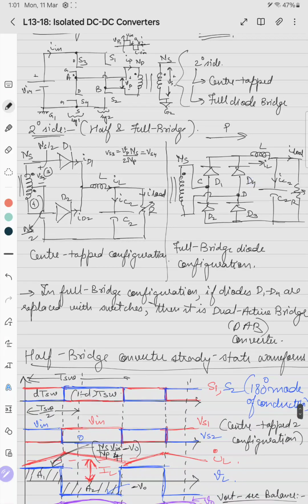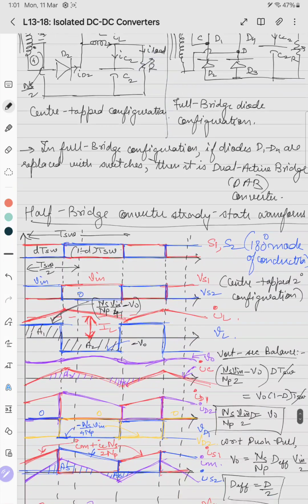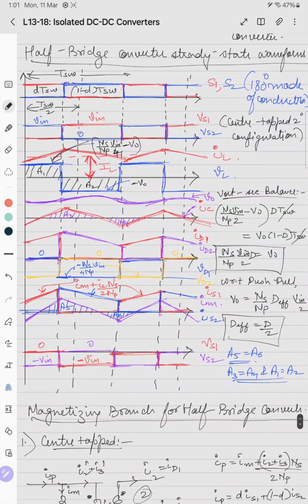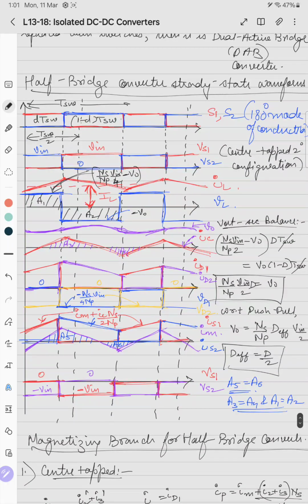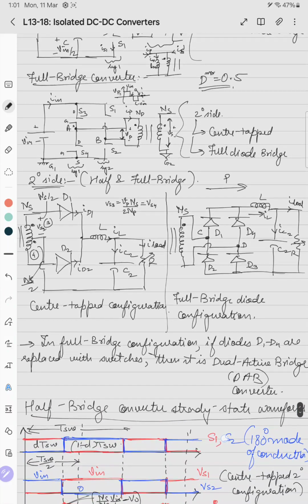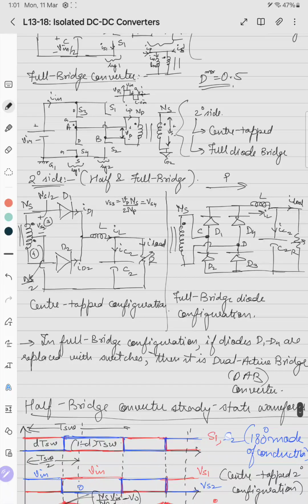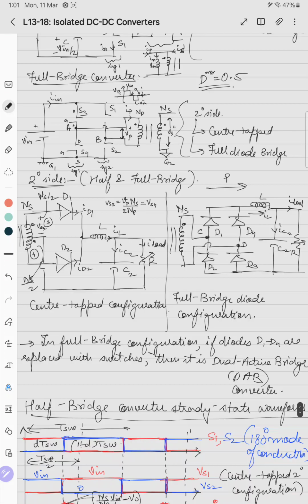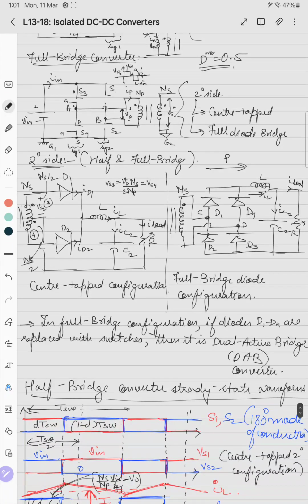When the switch S1 is on, plus is connected here, that D1 is forward biased, and the voltage is Vin into Ns by 2 Np. This is Ns by Np by 2 into Vin by 2 minus V0, and T of S this thing.